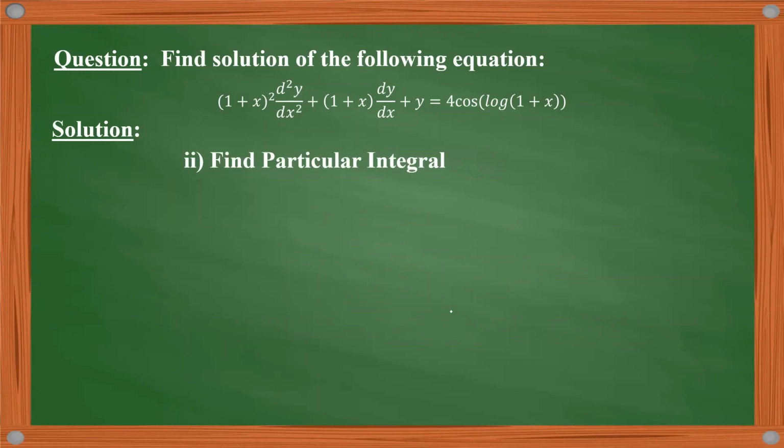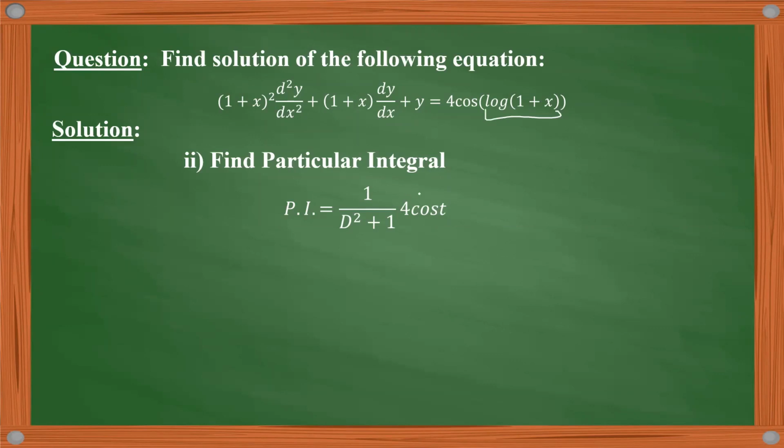Now we need to find its particular integral based on this Q(x). In the general method to find the particular integral, it will look like 1/(D² + 1) into 4 cos t, because this log(1 + x) will be replaced by t.